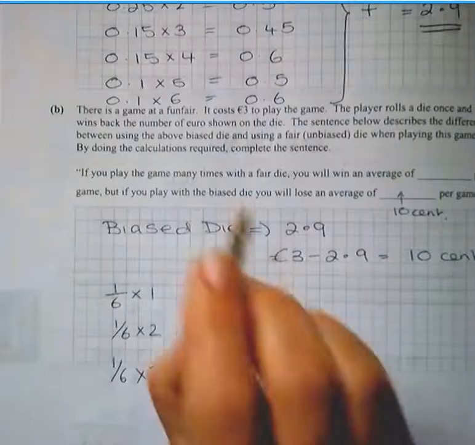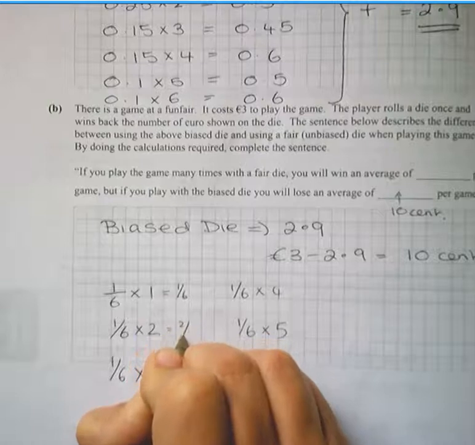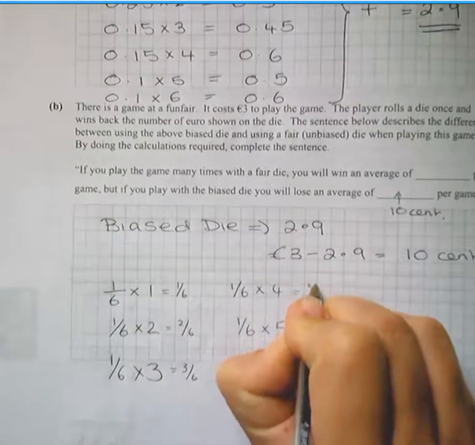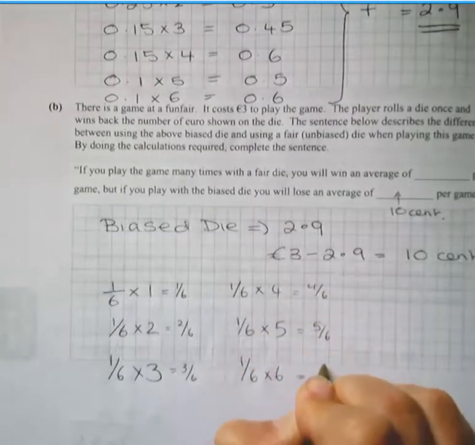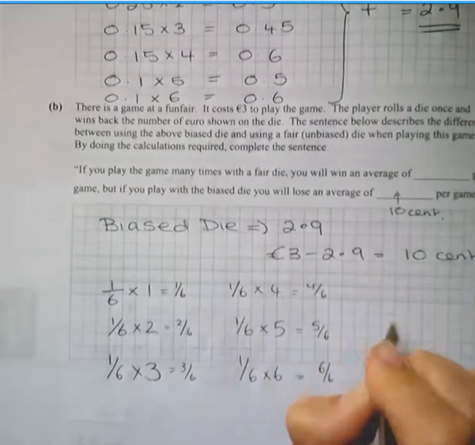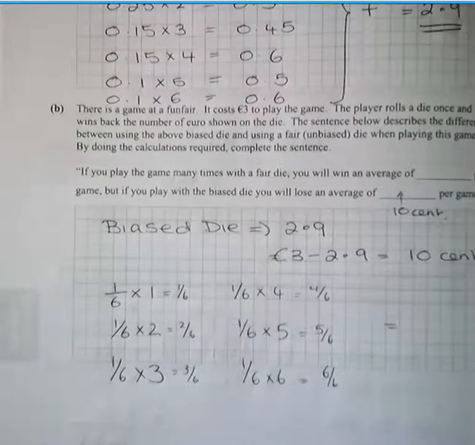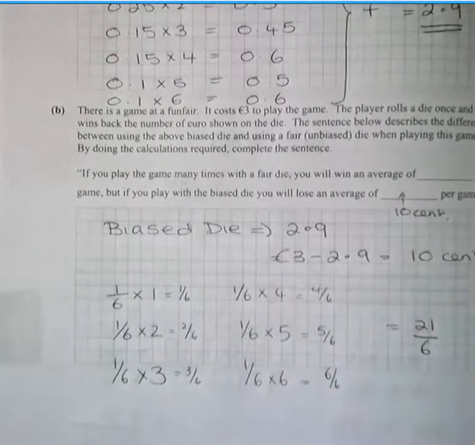If we keep them as fractions, that will be 1/6, 2/6, 3/6, 4/6, 5/6, and 6/6, which would be 1, and then you add them all up. So if we add 6 and 5 and 4 and 3 and 2 and 1, you would get 21/6.